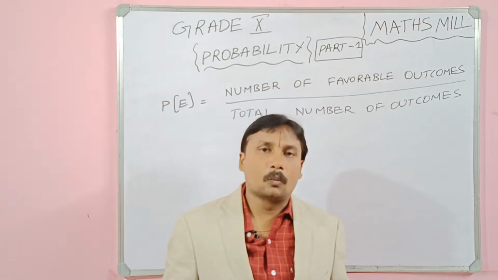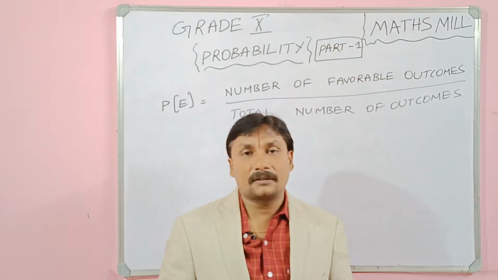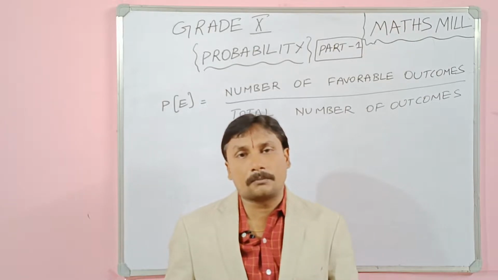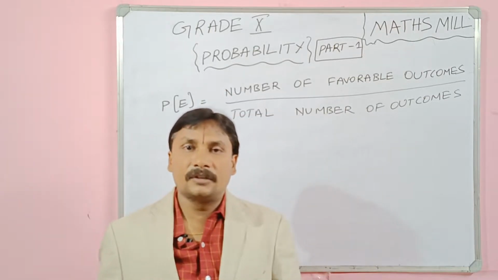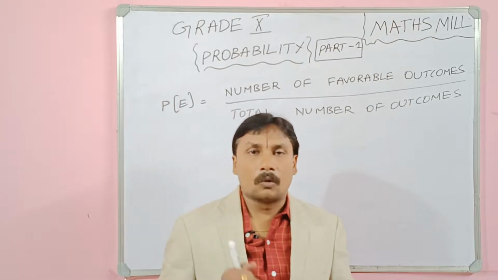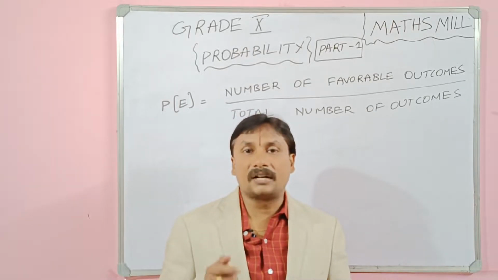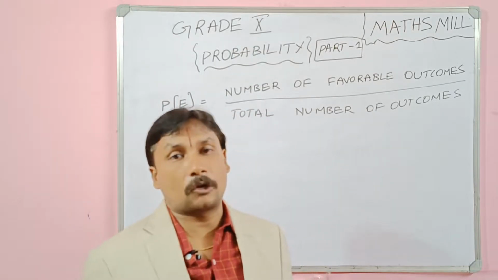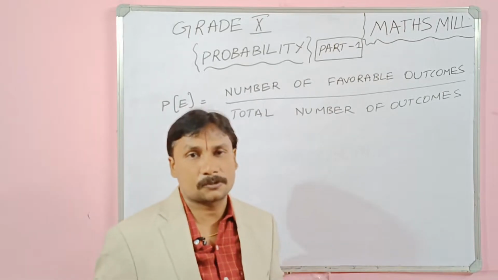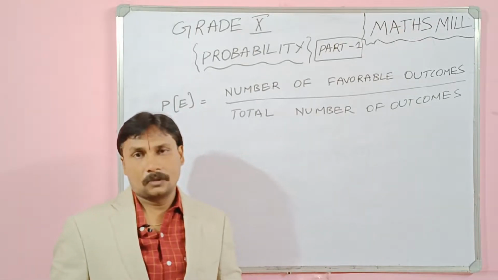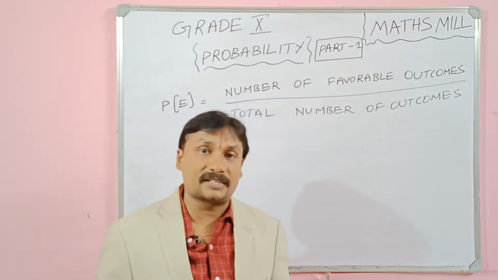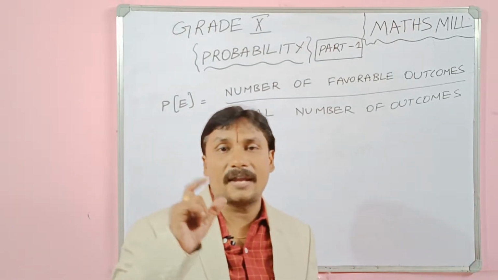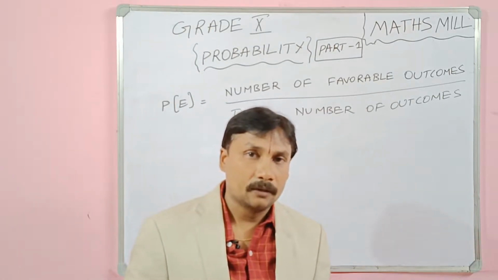To decide which team goes for bat and which team goes for ball, they flip a coin, that is the toss, heads and tails. We can observe heads and tails on a 1 rupee coin.